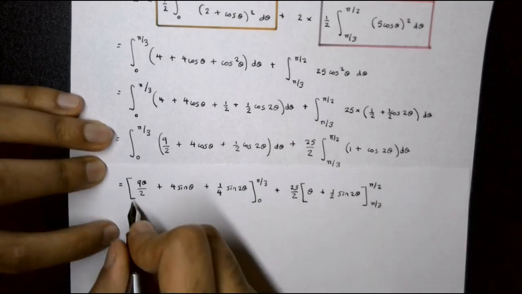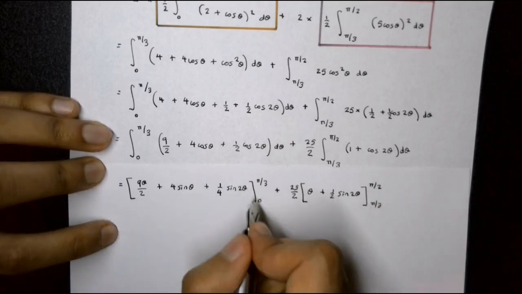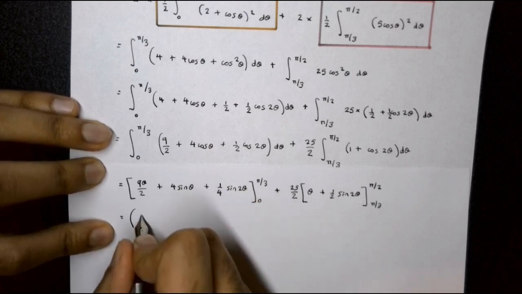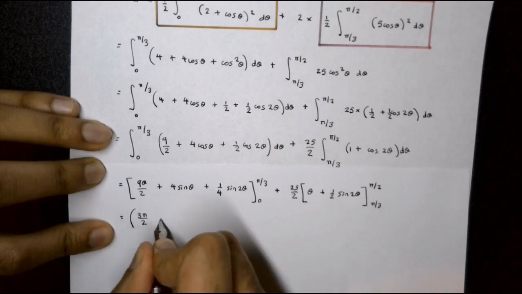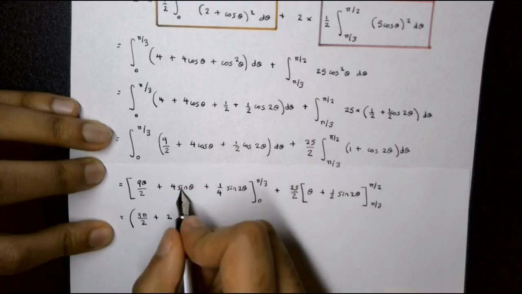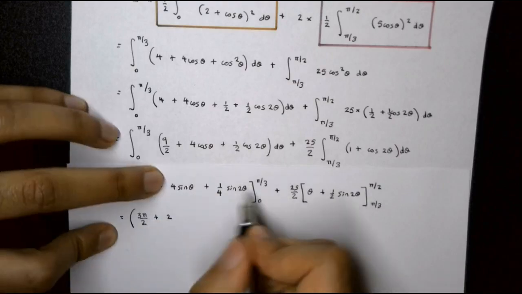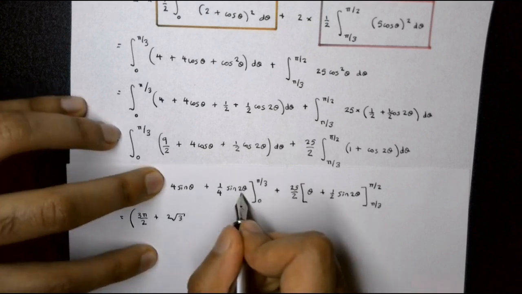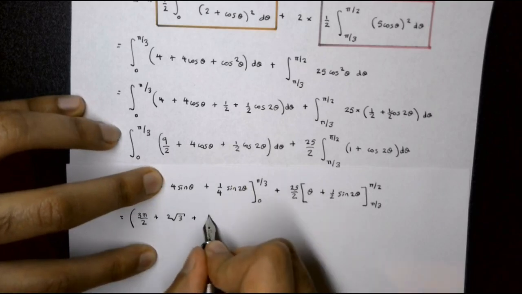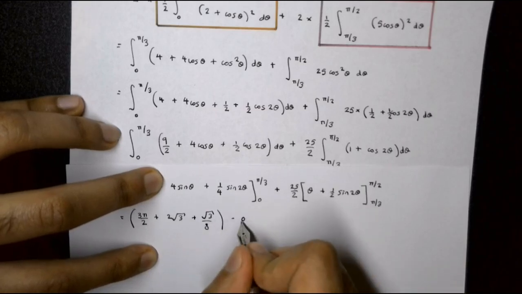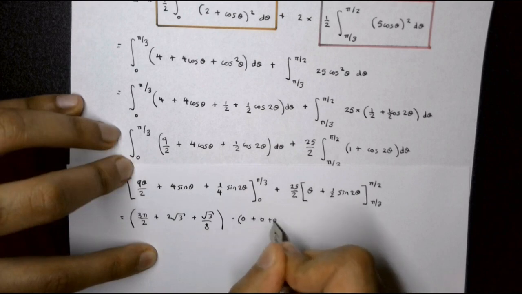So if we substitute everything in, we've got 9 over 2 times by pi over 3, that will be 3 pi over 2. So here we get 3 pi over 2 plus 2 root 3, because we've got 4 times by the sine of pi over 3, so here we get 2 root 3, and then here we get root 3 over 8, minus the 0 plus 0 plus 0.